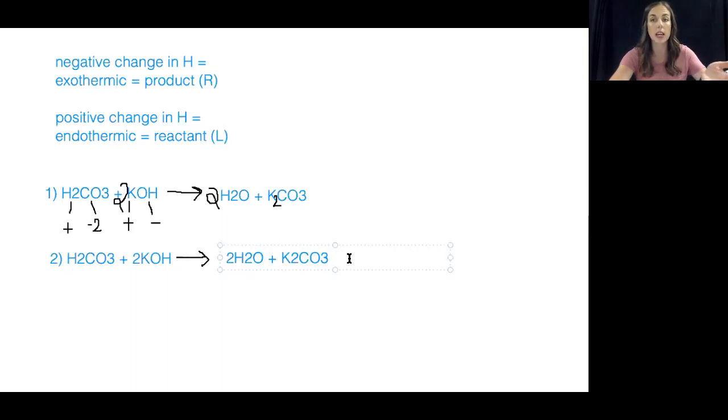If it's releasing energy, it's exothermic. So that means I'm going to have the energy as a product. So here I'm just going to add the energy that they told me, which was 21 kilocalories. And that is going to be your final step 3, your chemical equation, including the energy, the change in enthalpy.